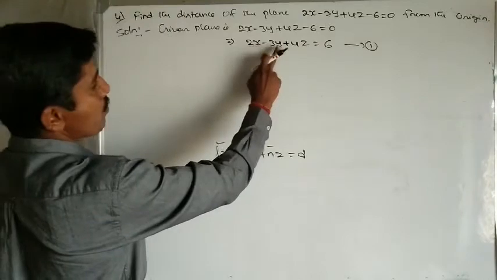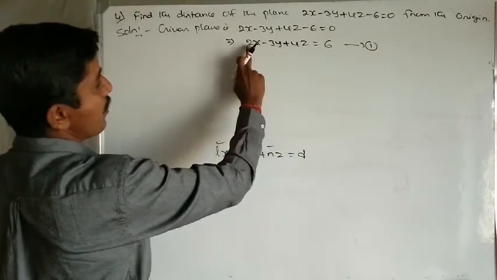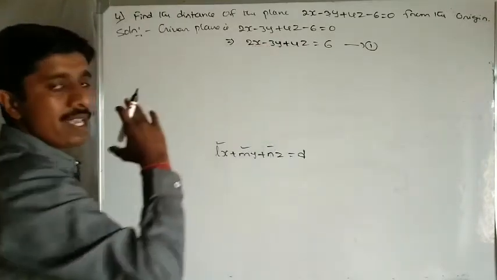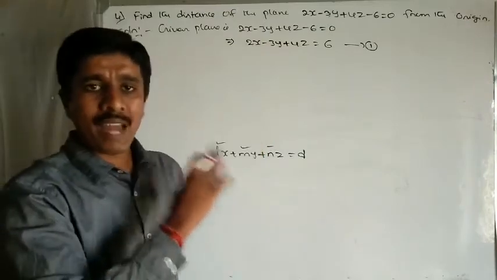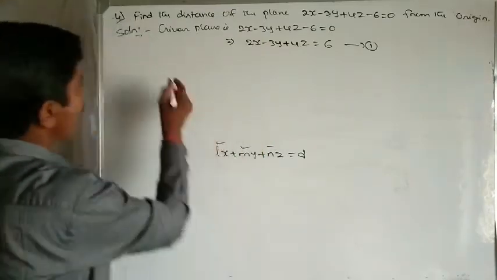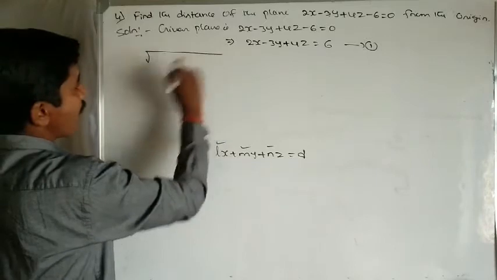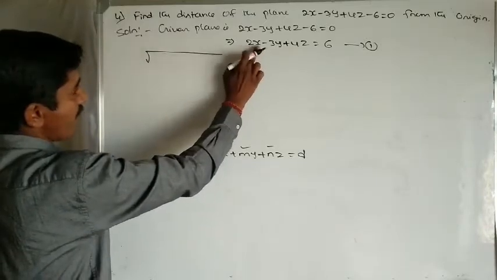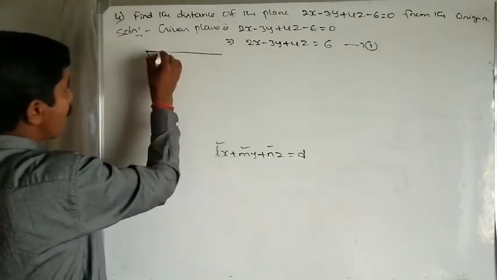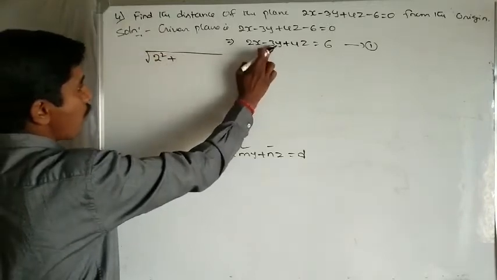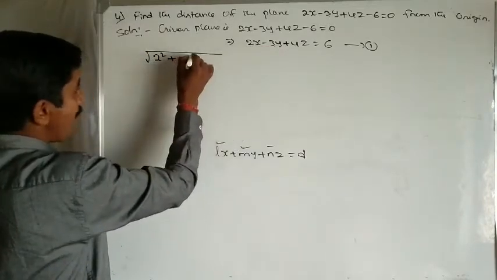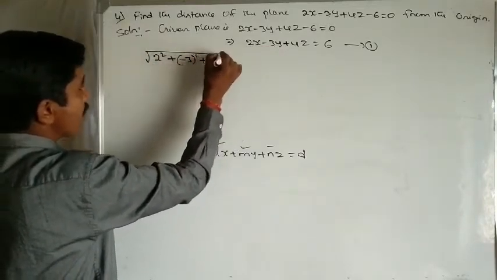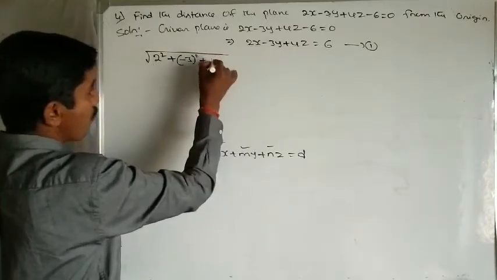Here the x coefficient, y coefficient, z coefficient 2, minus 3, 4 are the direction ratios of the normal to the plane. So I am taking the square root of the x coefficient whole square, 2 square, plus the y coefficient minus 3 whole square, plus the z coefficient 4 square.